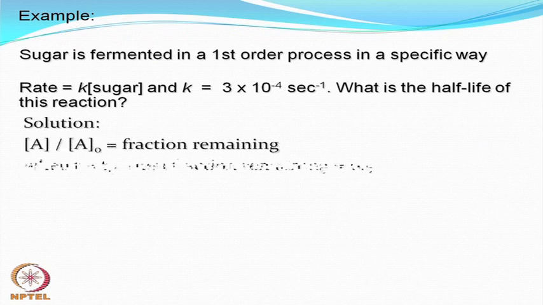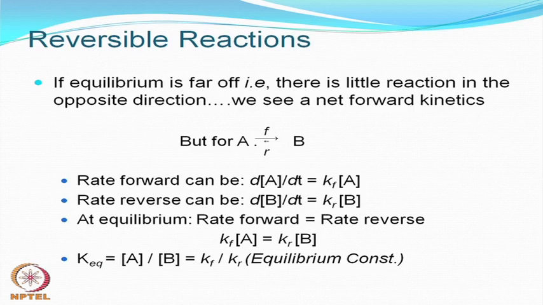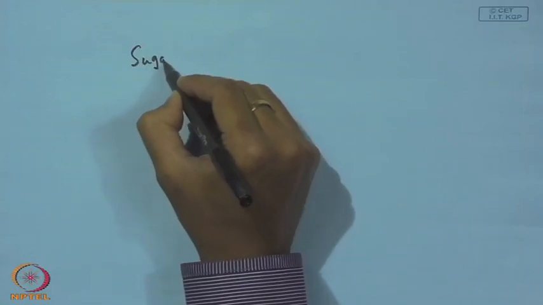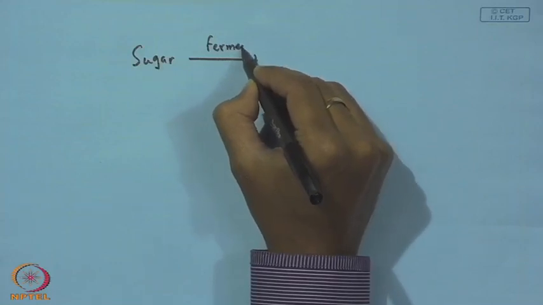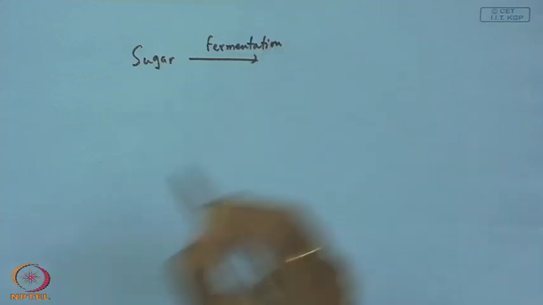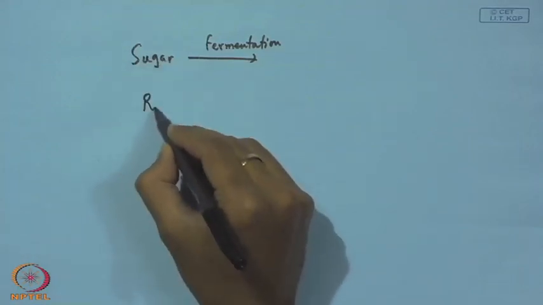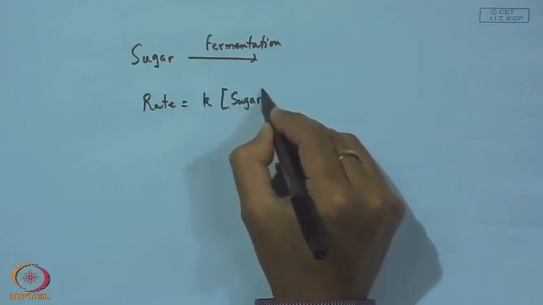There is another example, of half-life. Sugar is fermented in a first order process, producing other chemicals. So, the rate is equal to k times sugar to the power 1.